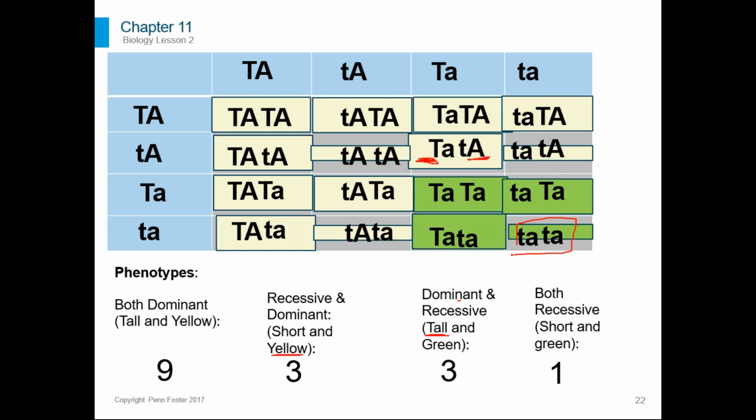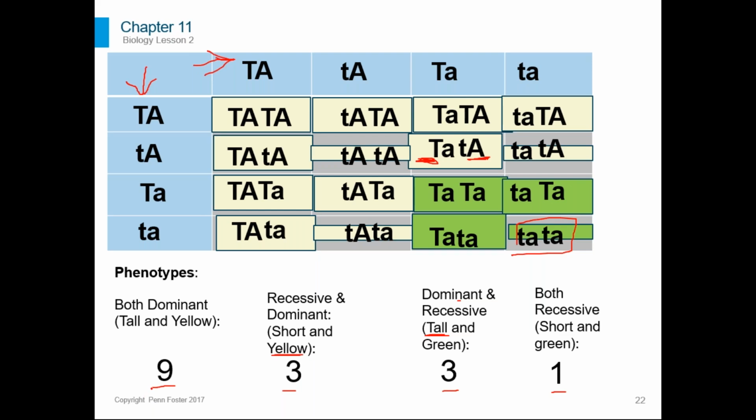Whenever 2 parents are heterozygous for both traits, which is what we've got going on up here, and you cross those 2 parents, you're always going to end up with this ratio for the alleles of 9 to 3 to 3 to 1.